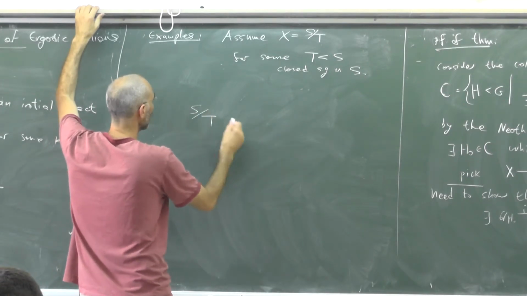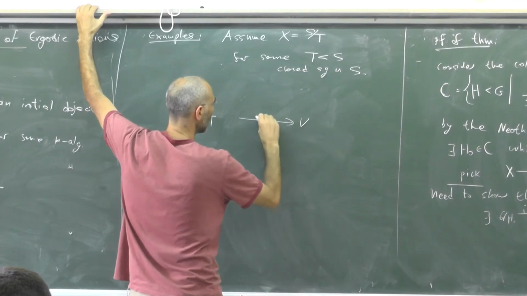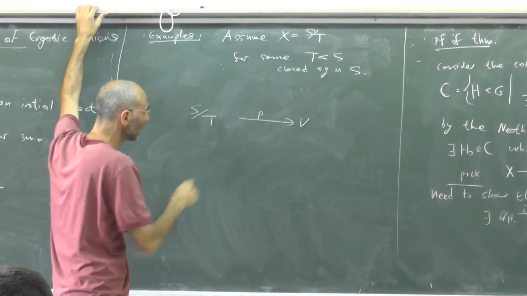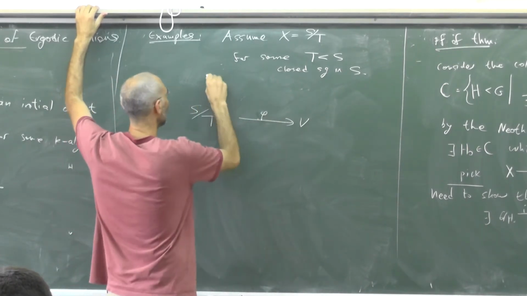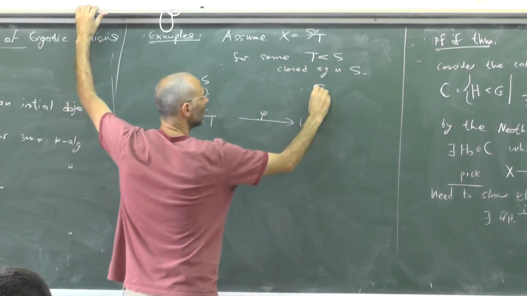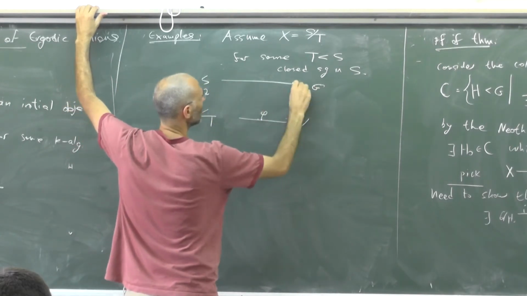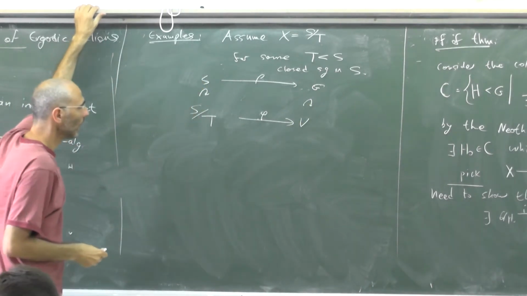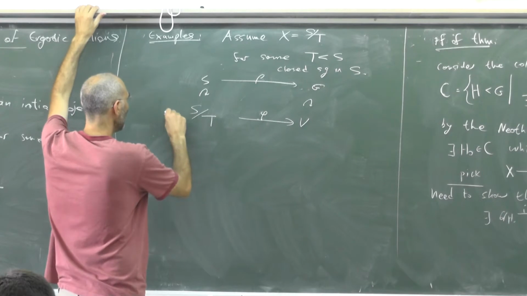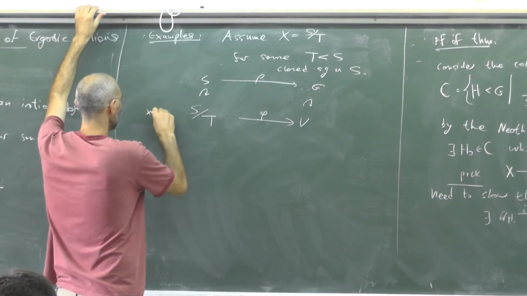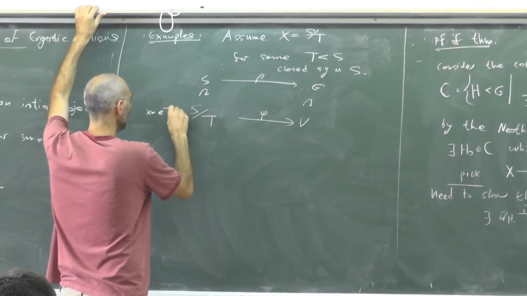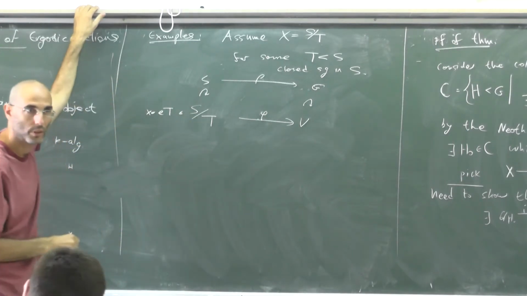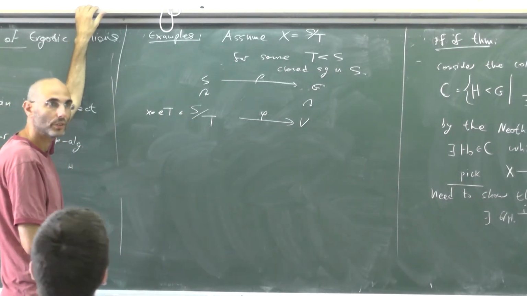So what is the representation then? Maybe it's up here, keep acting here. Look at maybe X, let's call it X, E T, the base point. What will be the image of this?